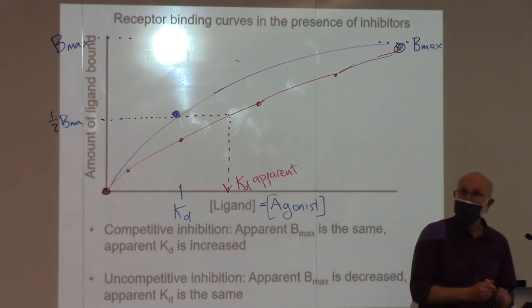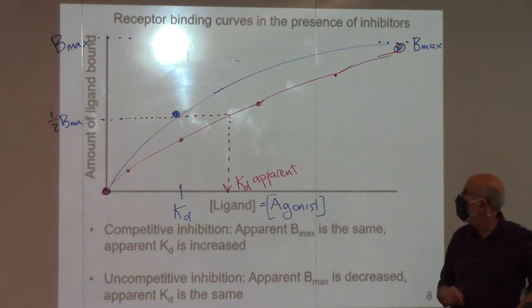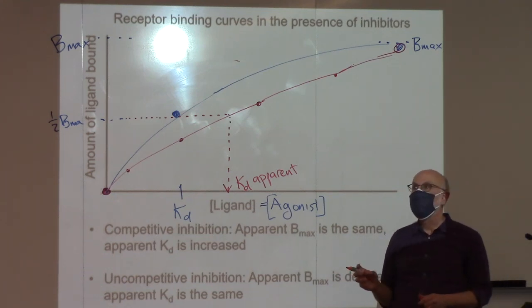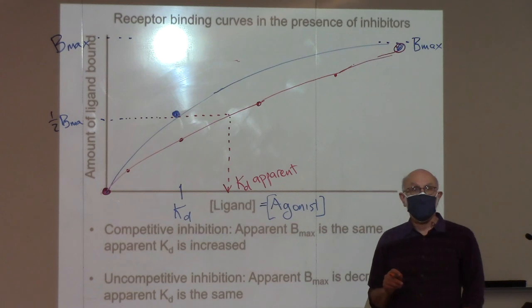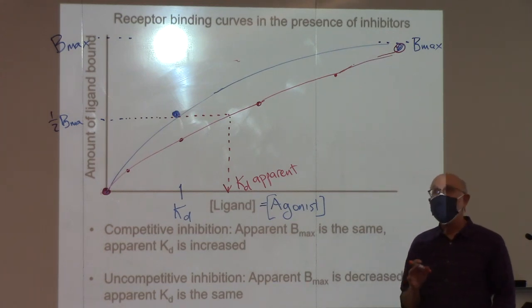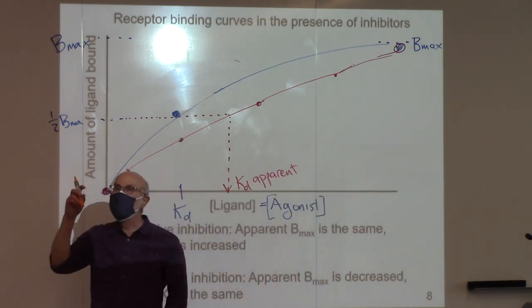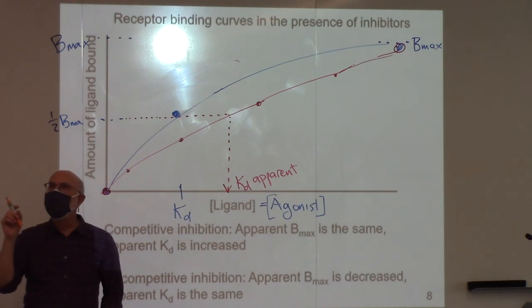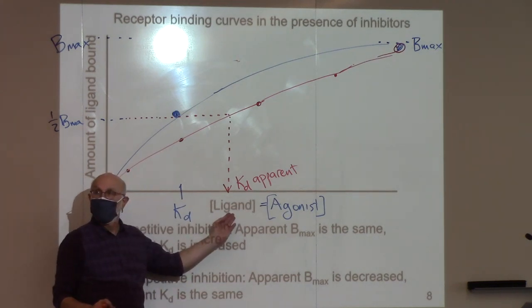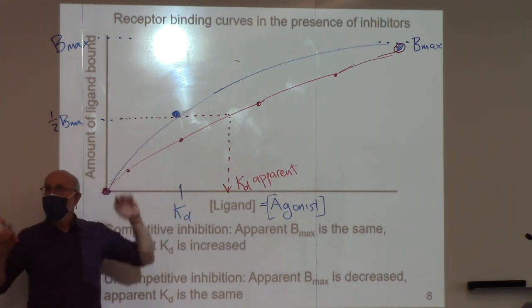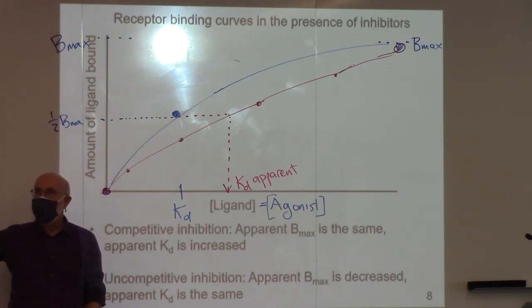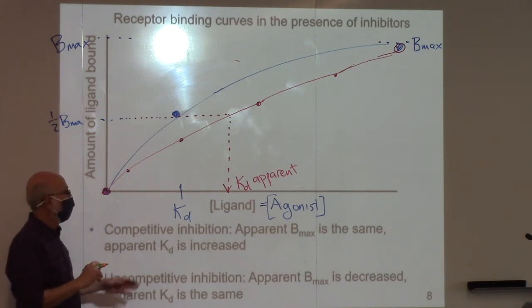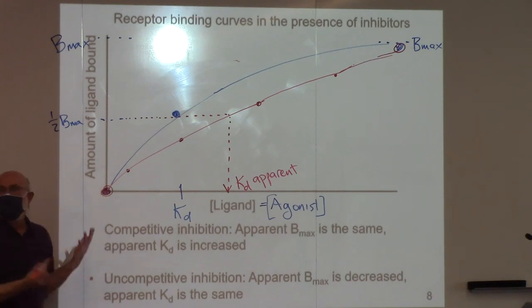Now let's do questions about the competitive inhibitor. Now let's do a non-competitive inhibitor. Some of the points are the same and some of the points are not the same. I've got a non-competitive allosteric inhibitor. Same agonist, same receptor, with a non-competitive allosteric inhibitor. What's the same? Well, if I have no agonist, I have no bound.